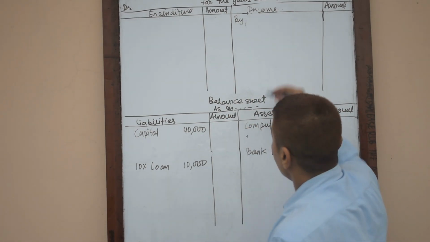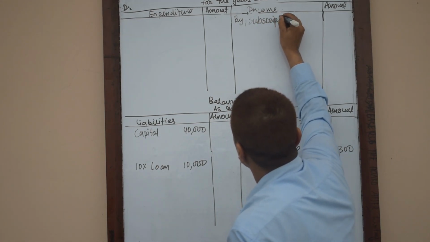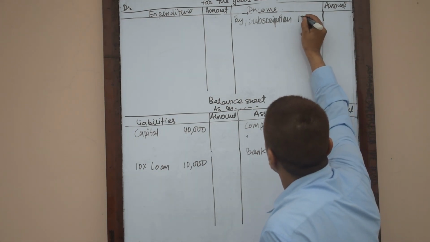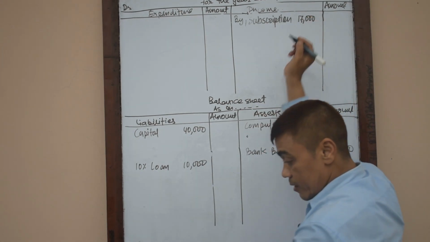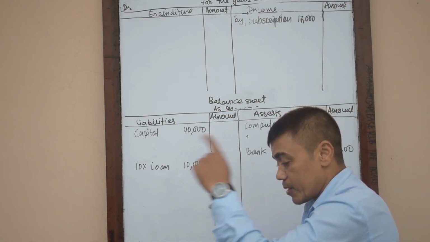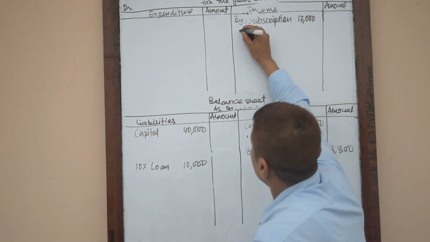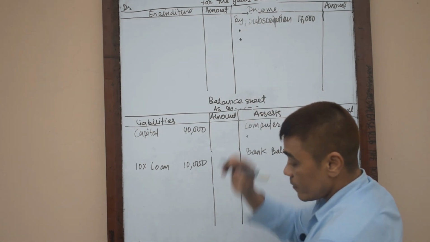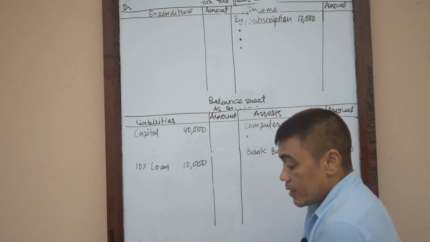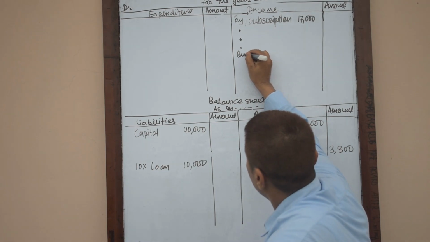And subscription, we are writing this inside, 17,000, because some additional information related to this is given in the additional information. In a similar way, the previous year's outstanding is also there, so we need to adjust. So at least three places we are leaving. After that, entrance fee is given, so that is also income, by entrance fee.